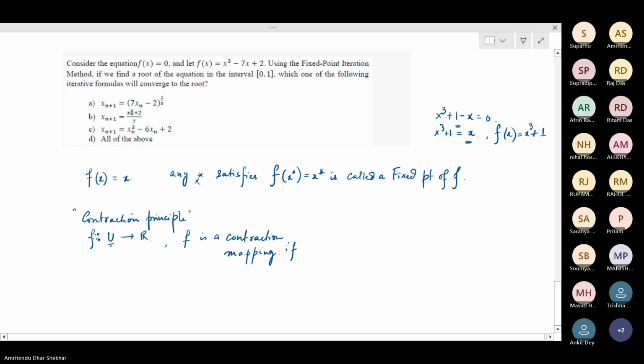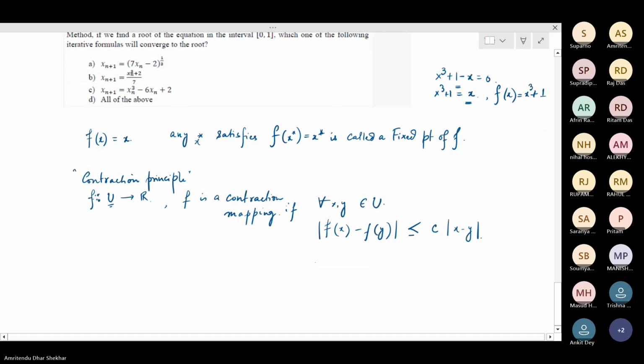if for any x and y in this domain U, the absolute value of f of x minus f of y is less than or equal to c times the absolute value of x minus y, where this constant c is a positive constant which must be explicitly smaller than 1.